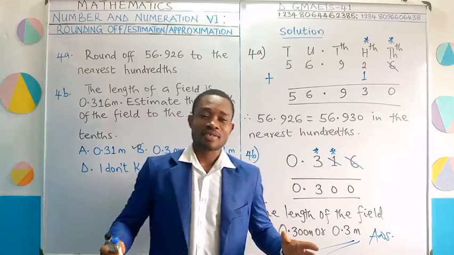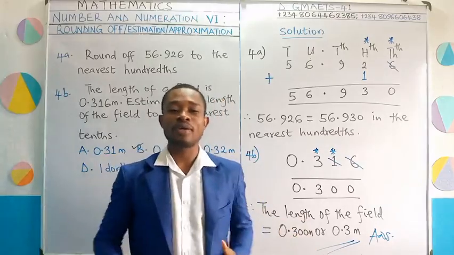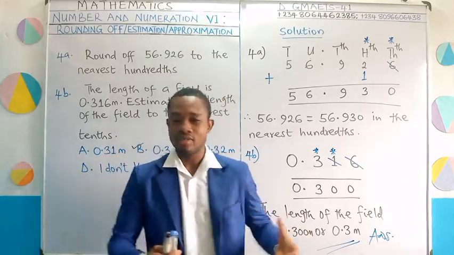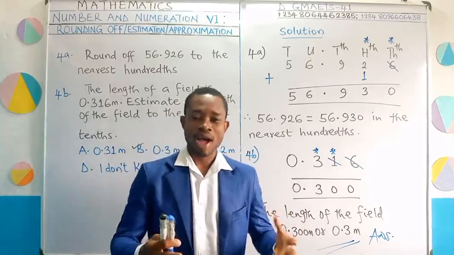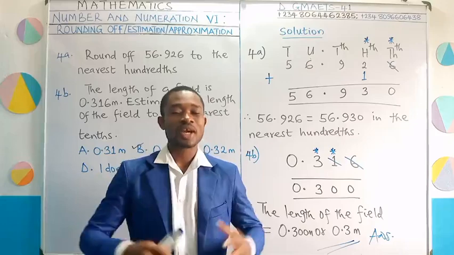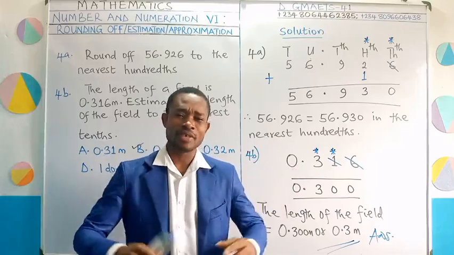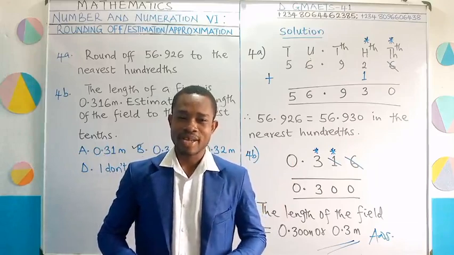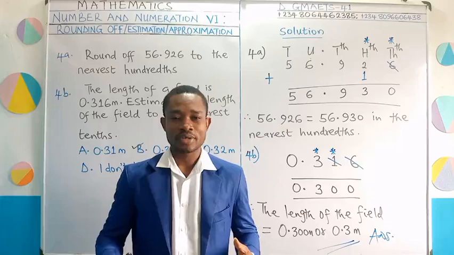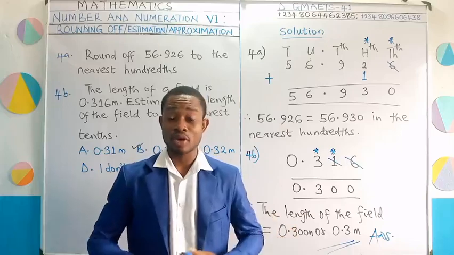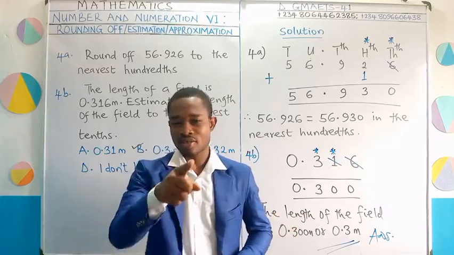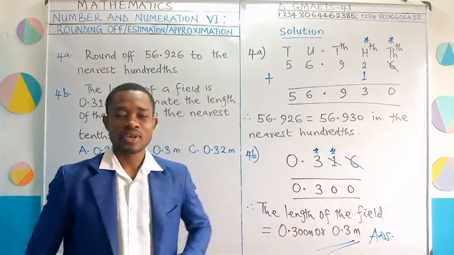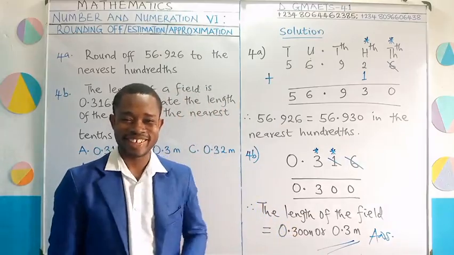In our next class, I'm going to teach you about the brain ordering of our place values. Yes, there I'm going to introduce you to operations. Alright, operations in numbers, where we talk about addition, subtraction, multiplication, and division. Of course, those things help us to have an ordered brain.